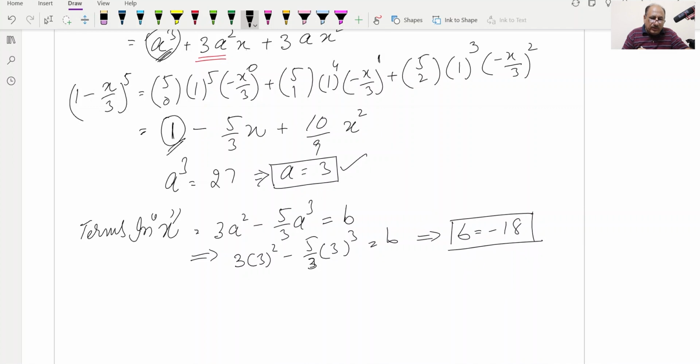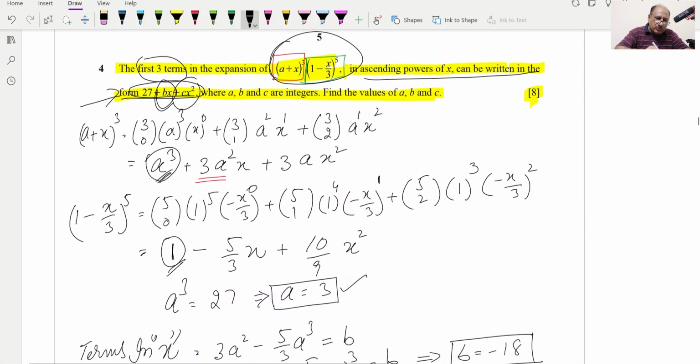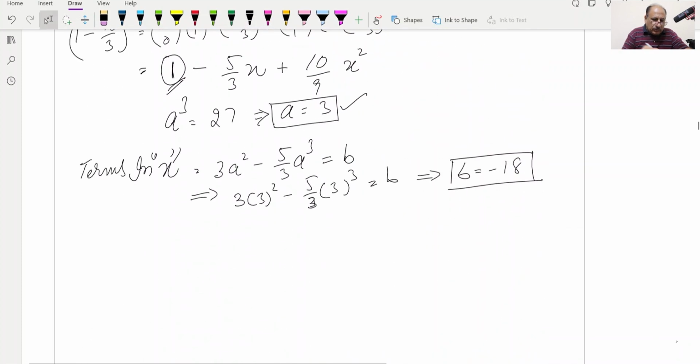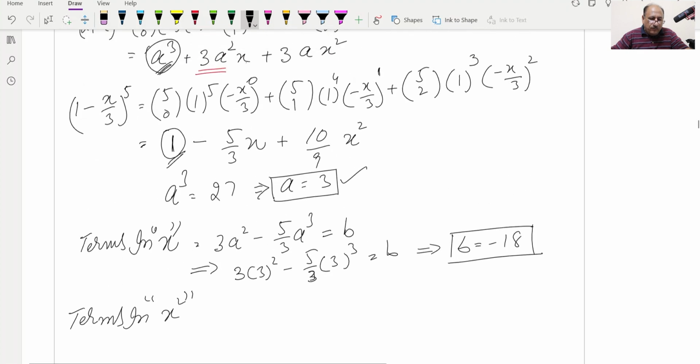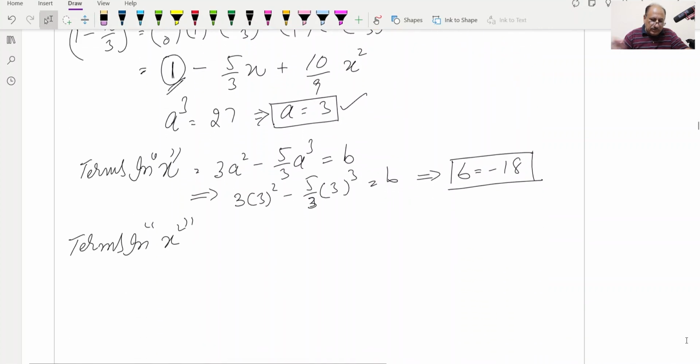We got the a value, we got the b value. Now the c value we will get when we compare x squared. The coefficient of x squared will be c. So the terms in x squared, those terms we'll have to identify. One will be when this 3a term is multiplied by 1, we will get 3a.